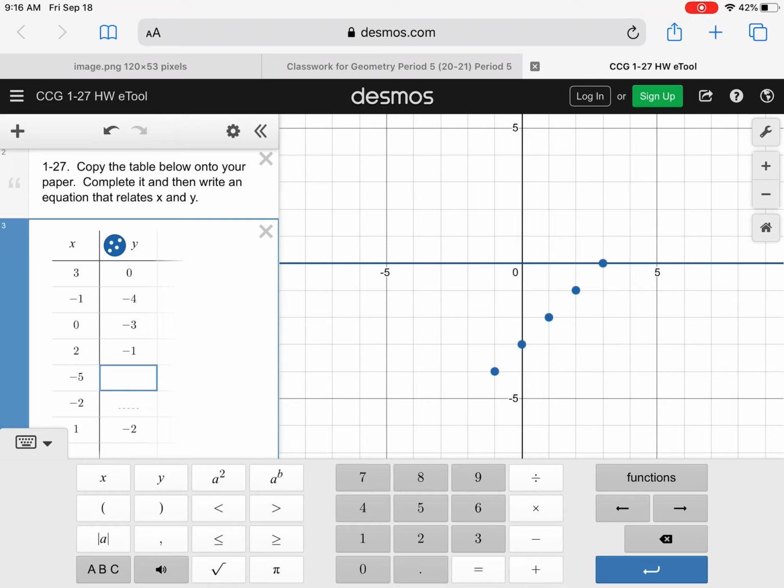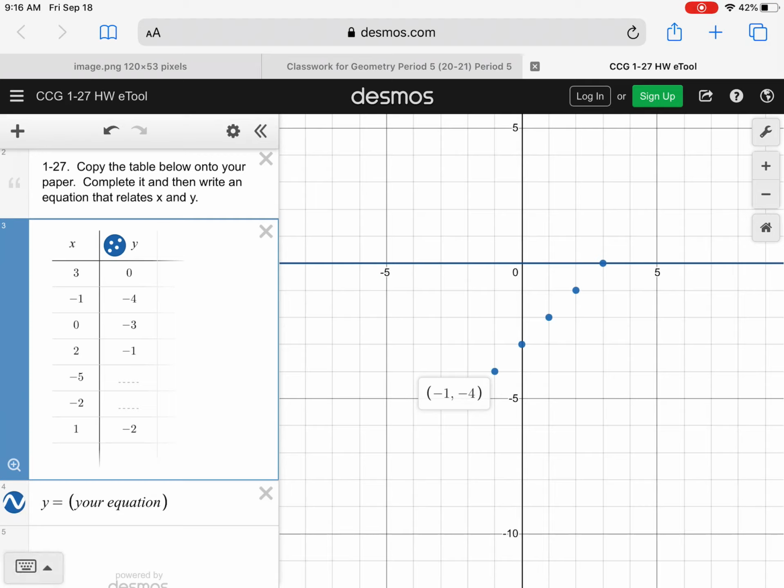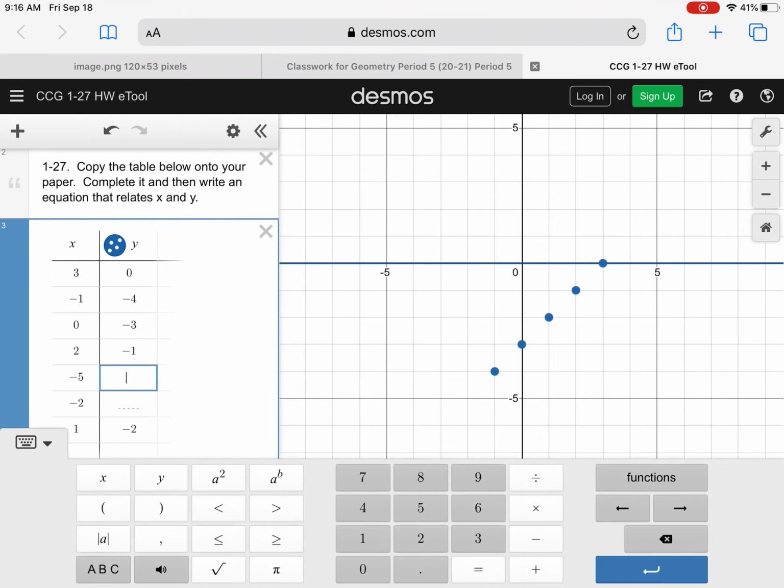Then -5, if we just keep moving to the left, it does jump a little bit. So -5 would be, let's see, that's 1, 4. Then we're going to go down 1 to the left, which is -5. Then down 6, 7, 8. So we can put in a -8.